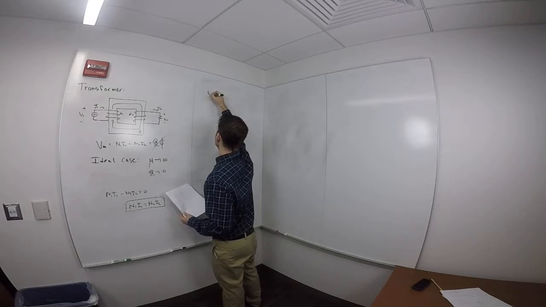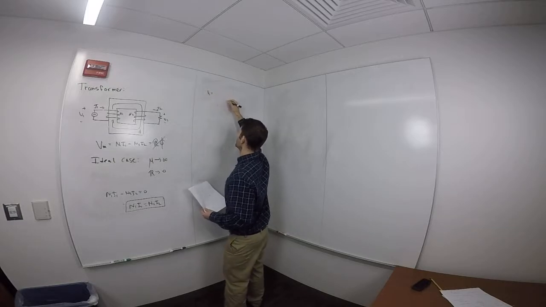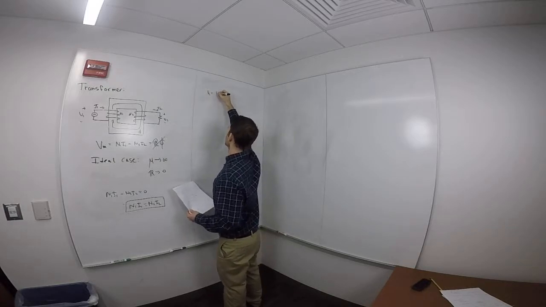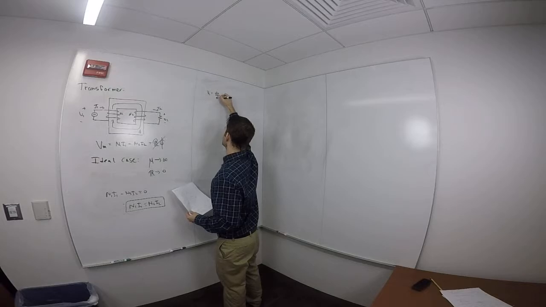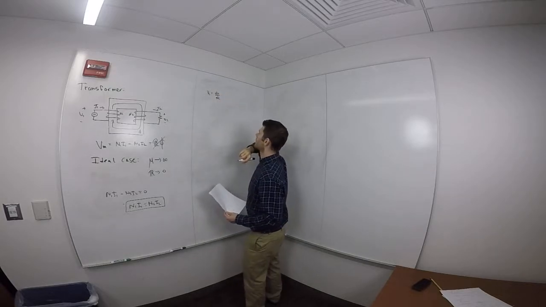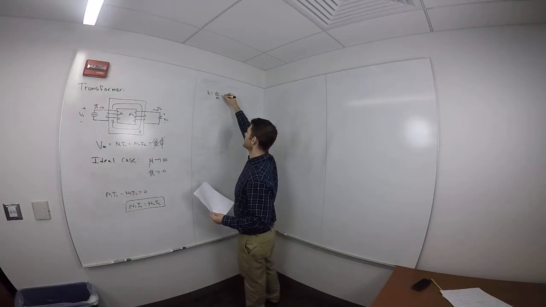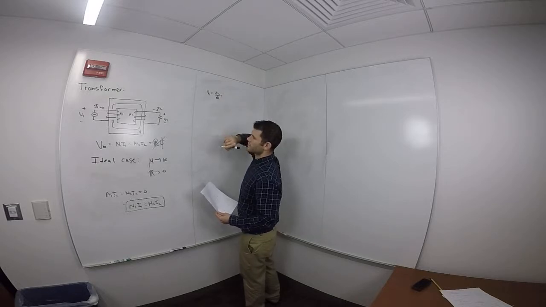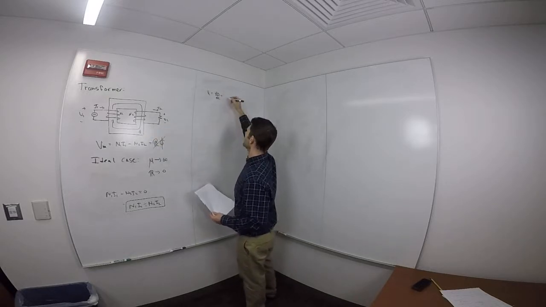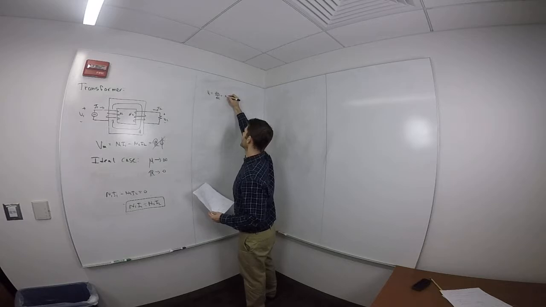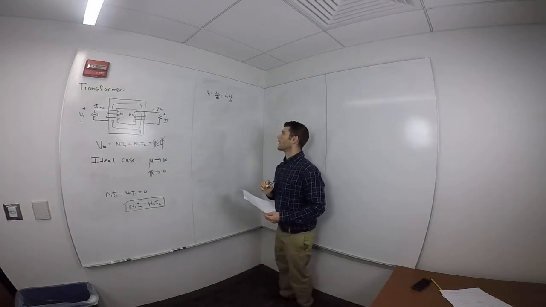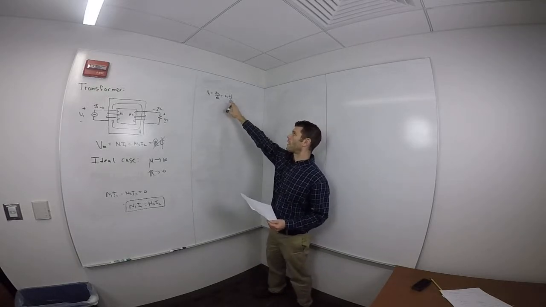Okay, so we'll say that V1 is going to be equal to the rate of change of flux linkage with respect to time. Well, the flux linkage here, I'll put flux linkage 1 because it's different than 2 because we have different turns. So this is going to be equal to N1 times the rate of change of flux with respect to time. Okay, so that's the flux linkage in winding 1.